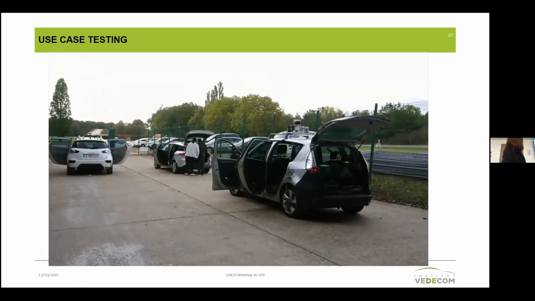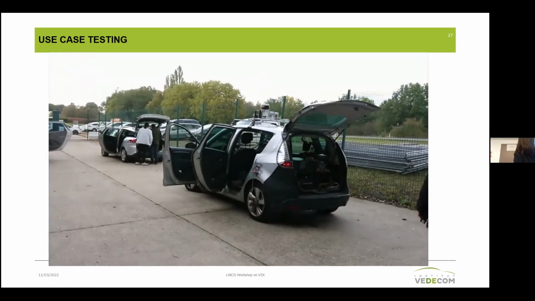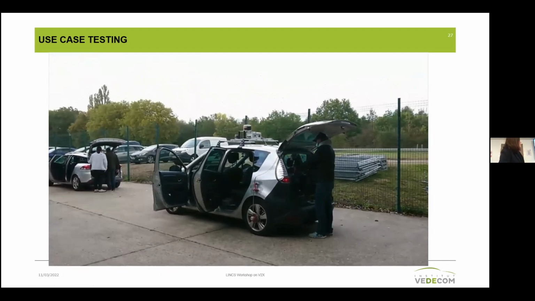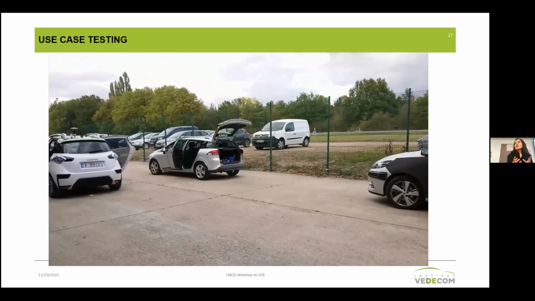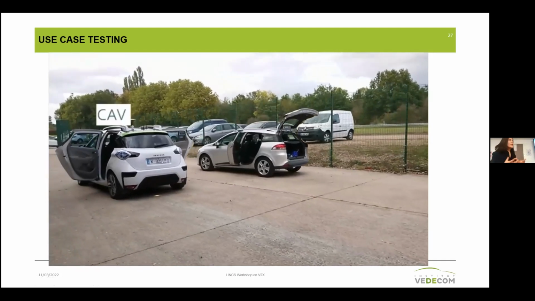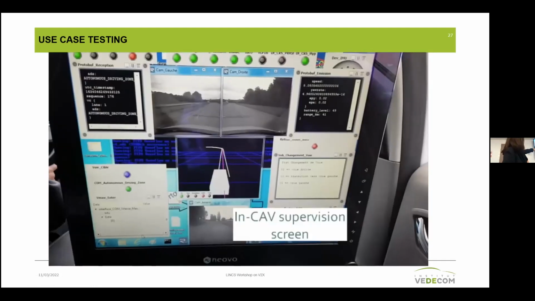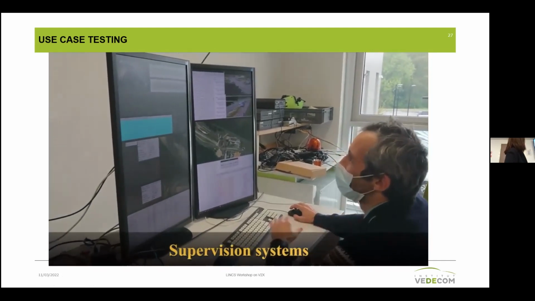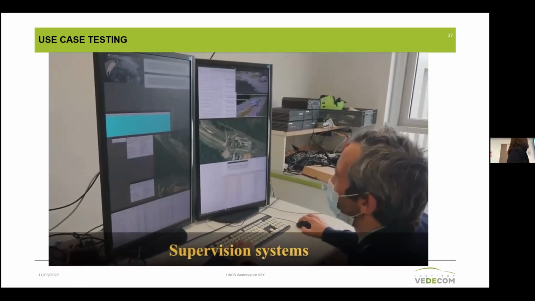There is some test preparation. The first one is the basic vehicle, which we connected with a communication device to have ground truth data. This one is the autonomous car, and we have the supervision system, and obviously the MEC.